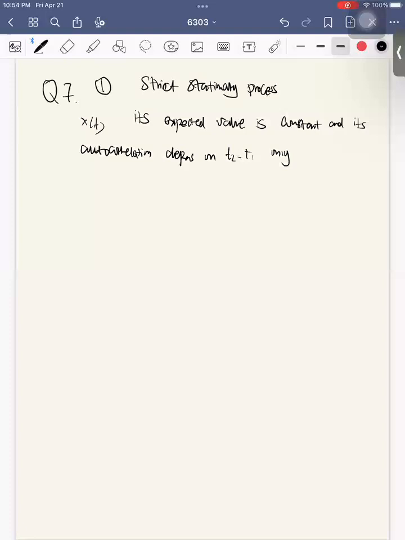So the equation looks like E[X(t)] is equal to eta, which means it's a constant, and E[X(t + tau) X(t)] is equal to R(tau).